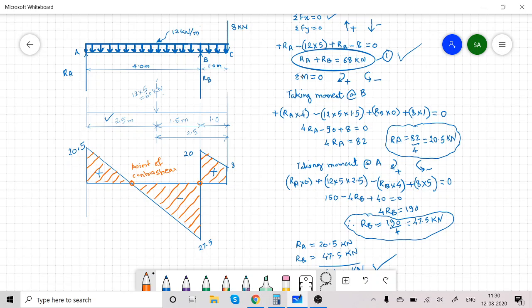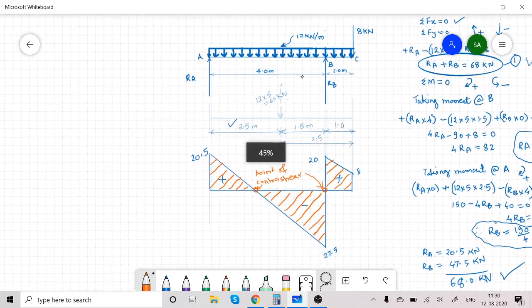Contra shear means where the shear force changes the sign from positive to negative or negative to positive. The specialty of point of contra shear is that here we get maximum bending moment. Always at the point of contra shear, we get maximum bending moment.